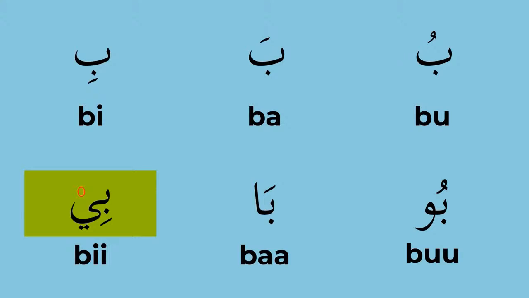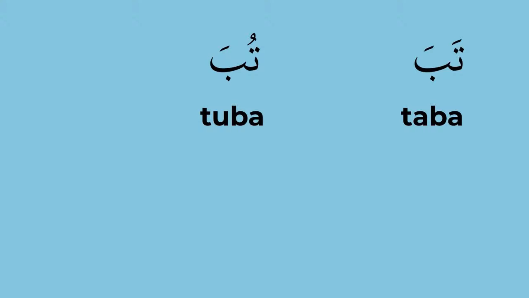Okay, I give you another example, brother. What is this, brother? Taba. Okay. And what is this? Tuba. Are you with me? Now I write it down like this. What is this?